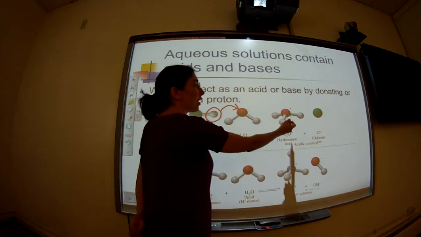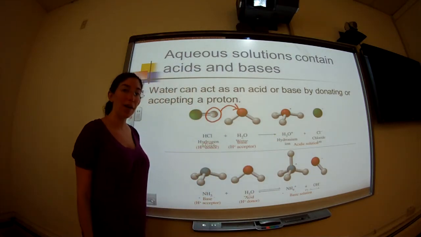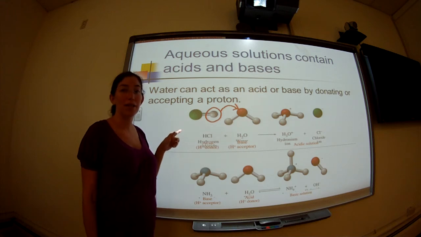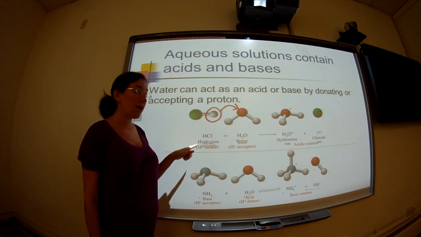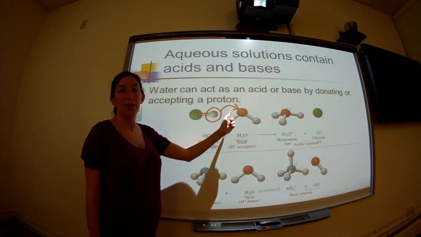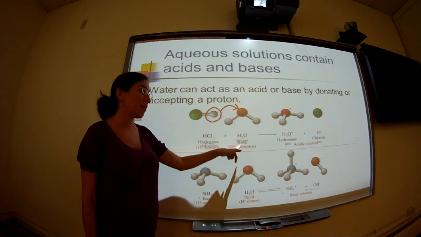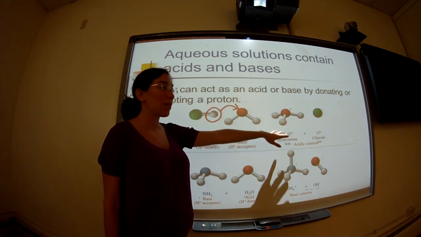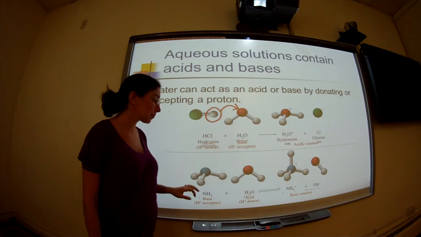That's how you get the hydronium and the chloride on the product side. So therefore the HCl is the proton donor, also known as the acid, and the water acts as the proton acceptor, also known as the base, okay? And so now we have an acidic solution because we have a lot of hydronium ion.